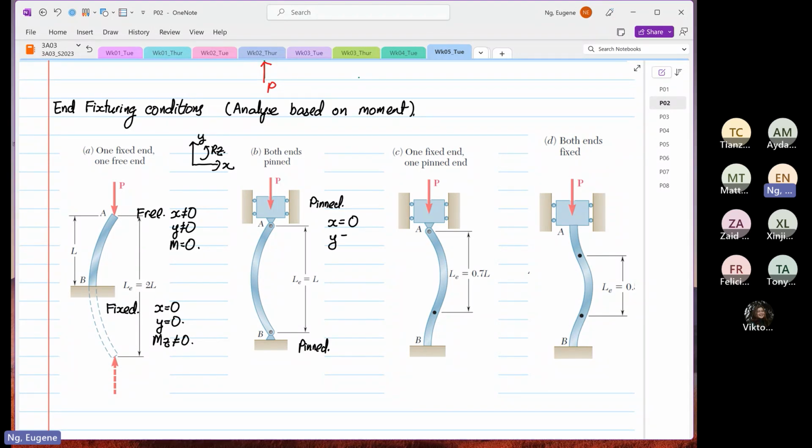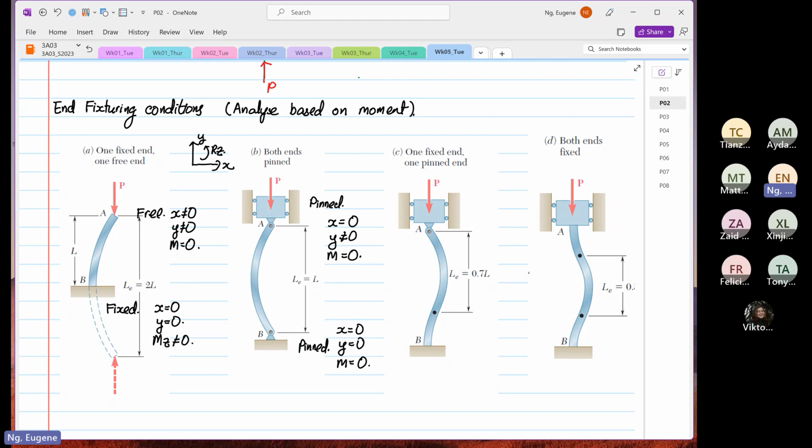But y is not equal to 0, and moment is equal to 0. The true indicator is that moment is equal to 0. On the other side, it is also known as pin because x is equal to 0, y is not equal to 0, and moment is also equal to 0.